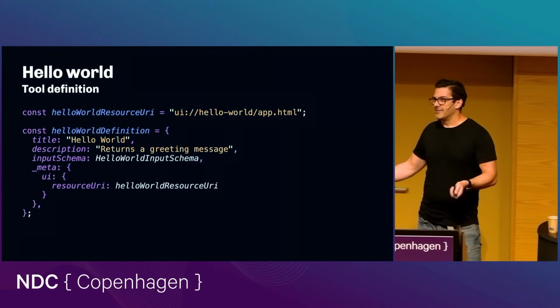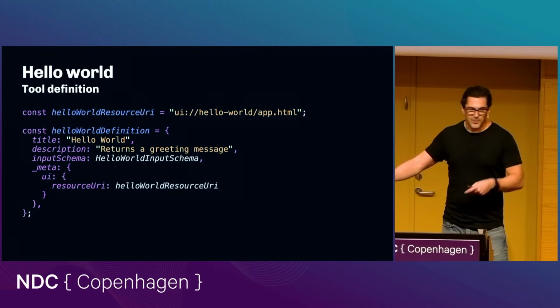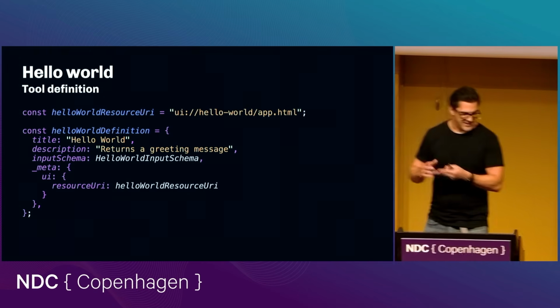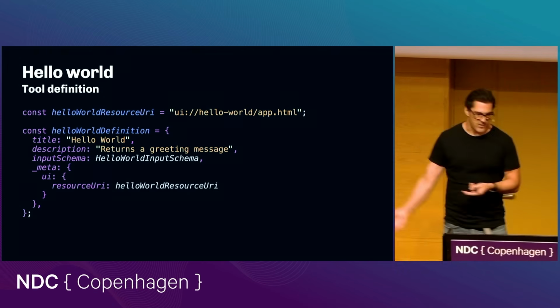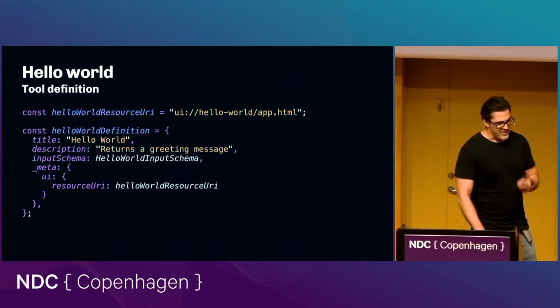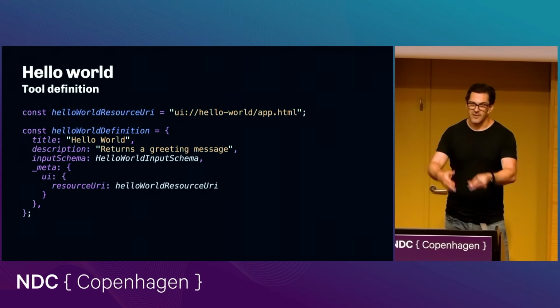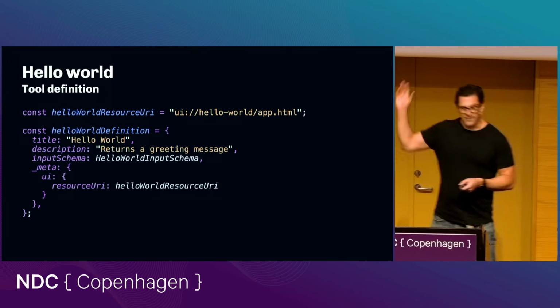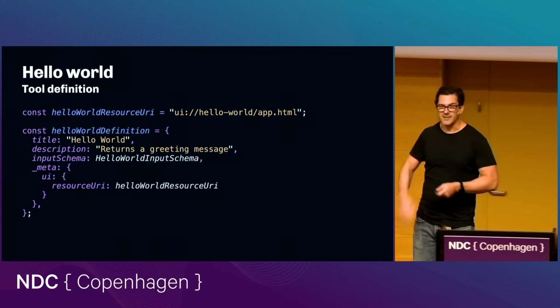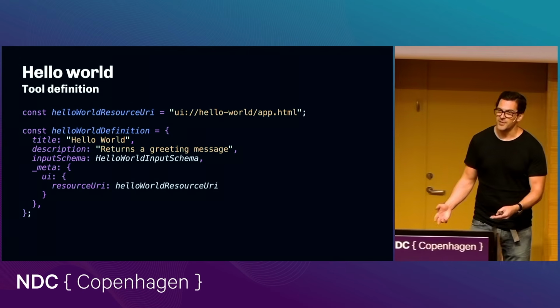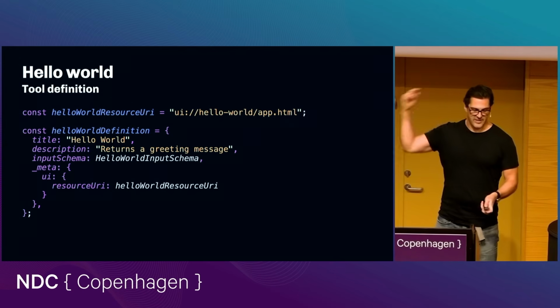Like in any other MCP server, we get a definition which has a title and a description that help the agent choose whether to use it or not. We then have the input schema, which just defines what the inputs for this tool are. And then the final bit for MCP apps is under this underscore meta property, where we have UI and then the resource URI pointing to that HTML.